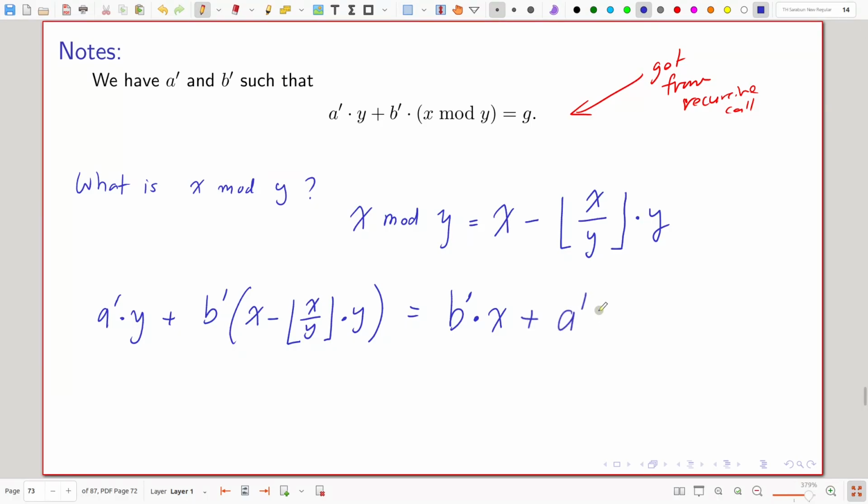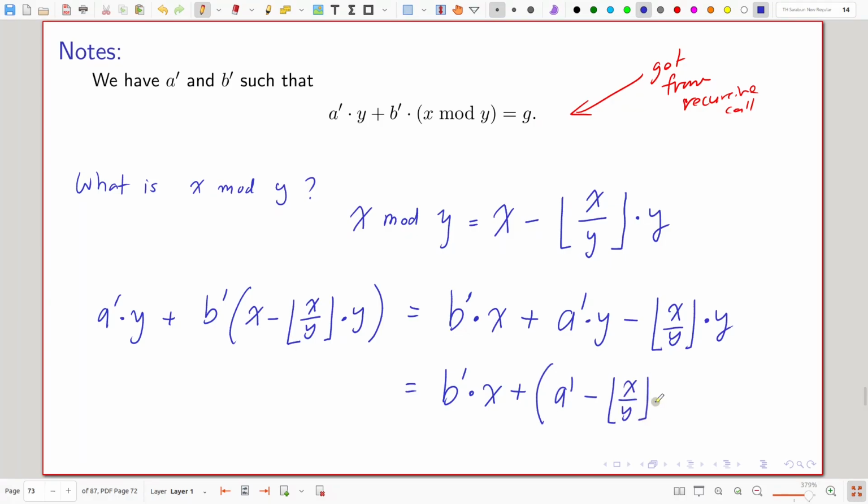You get a prime times Y, then you get minus floor of X over Y times Y. Okay, and I can factor out Y. So this is equal to b prime times X plus a prime minus floor of X over Y, times Y. And I know that this equals t.